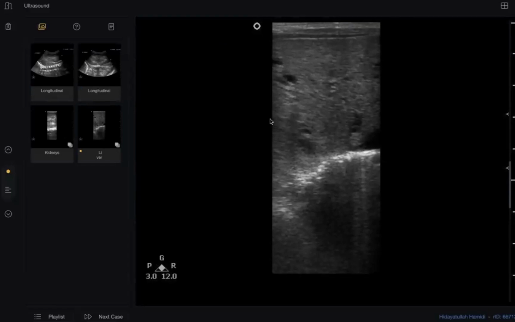What is the name of the disease? It's not cirrhotic. Sorry, sir, not so sure what it is. Okay, no problem. This is autosomal recessive polycystic kidney disease.